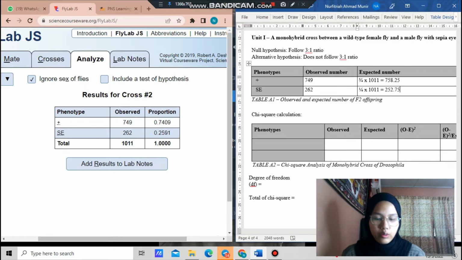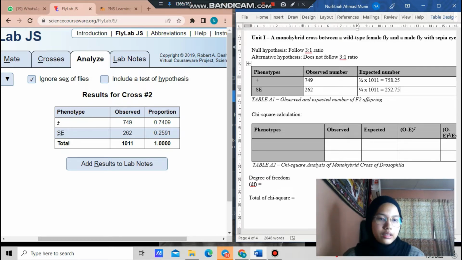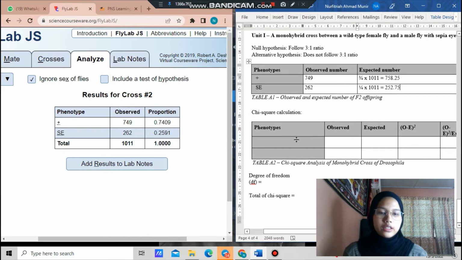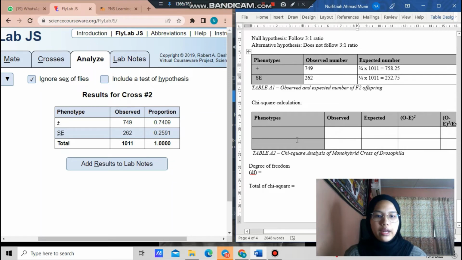So when we add the two expected numbers, 758.25 plus 252.75, we get 1011. So proceed with the chi-square calculation.